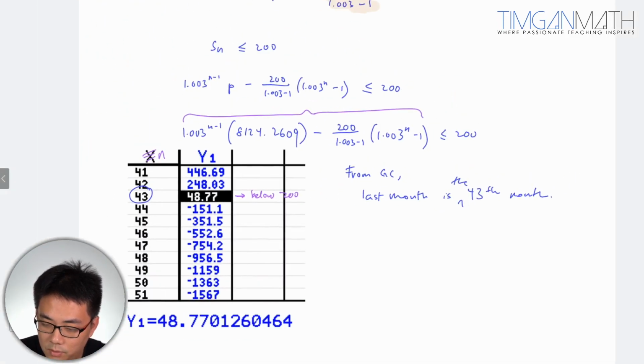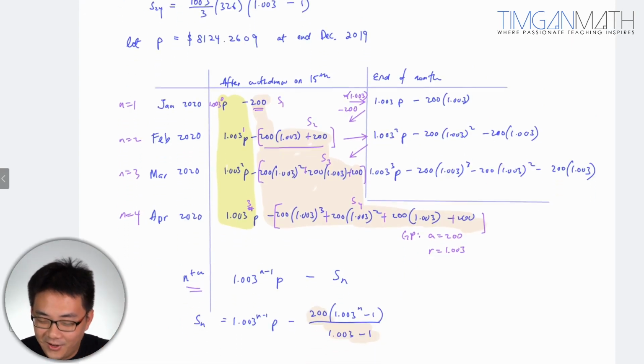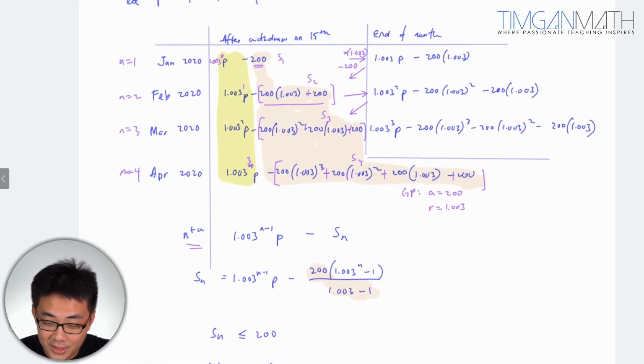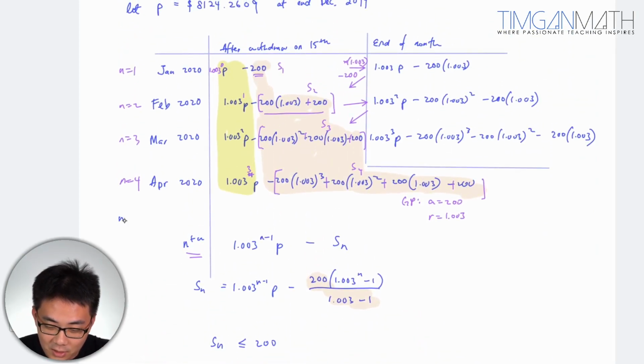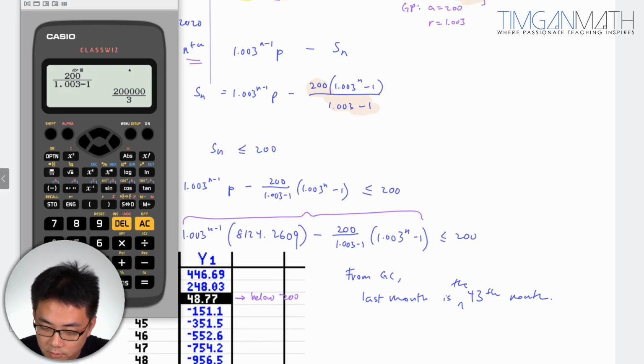Okay, 43rd month, which month is it? So if the first month is Jan, the 12th month will be December, right? So 43 would be how many months? 43 minus 12 minus 12 minus 12 will be July.